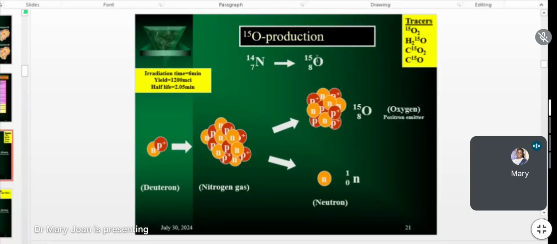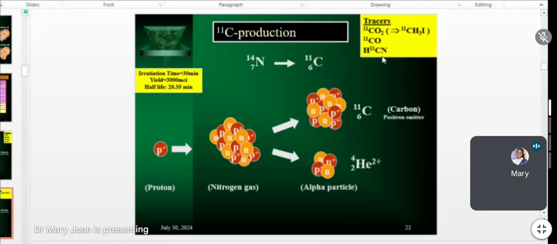And you can see here for oxygen 15, the different tracers are pure oxygen 15, water with oxygen 15, CO2 and CO. So it can be in the form of oxygen gas, water, carbon monoxide or carbon dioxide, where the normal oxygen is replaced with the radioactive positron emission radioisotope of oxygen, which is 15.